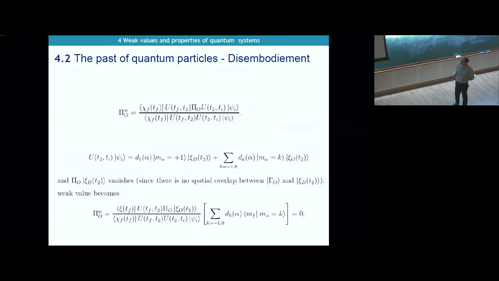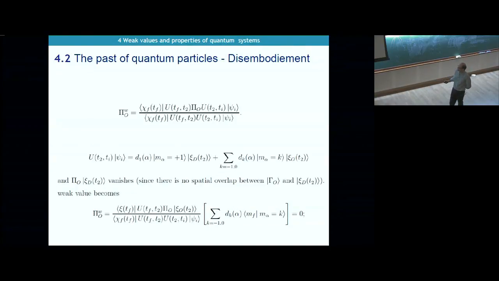So if you want to do the computation explicitly, you have the expression for the weak value. You start from psi I, you evolve the system from the initial time to time 2. Then you take your observable here, which is the projector at O, and again evolve from T2 to TF, and the final projective measurement, which you could select in this state.